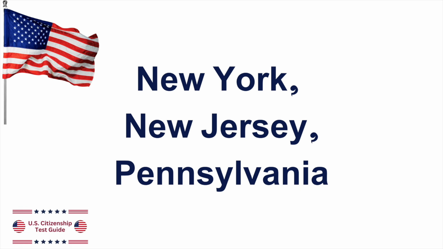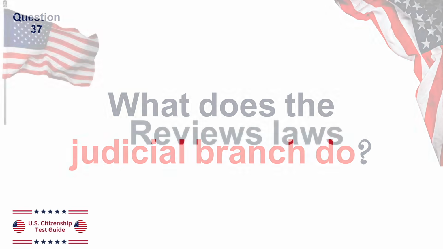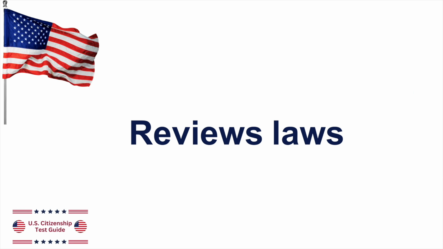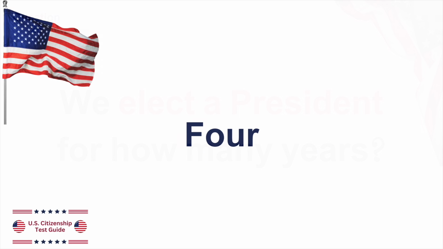New York, New Jersey, and Pennsylvania. What does the judicial branch do? Reviews laws. We elect a president for how many years? Four.